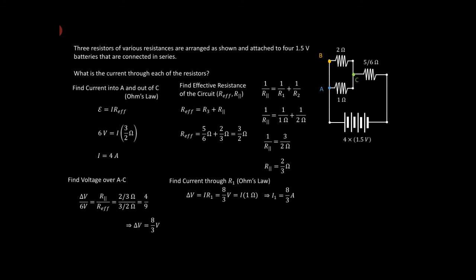And we could do the same thing if we wanted to find I2, or we could use the junction rule, because that says what comes in must come out. And we have what comes out, which is 4 amperes. This is all for this point here, C, where I2 and I1 go in and come out as I3. Okay, so let's see. I have 4 amps, so that's good.